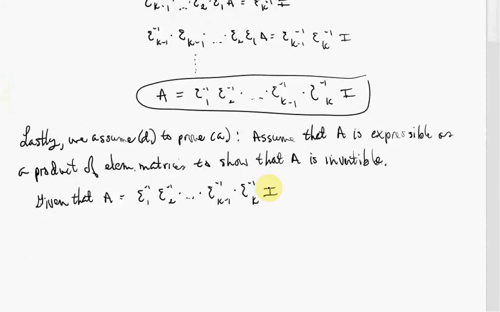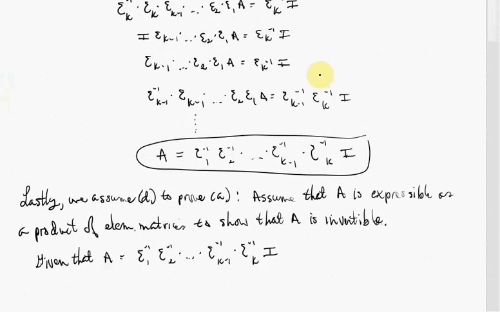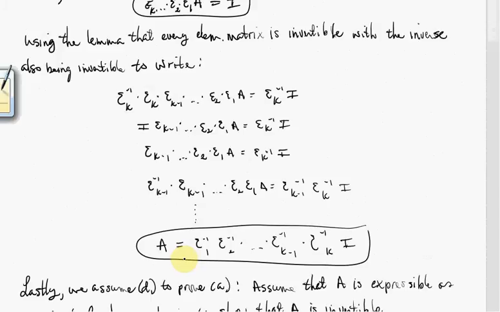So this statement here implies, basically how we got it, this statement here implies this statement.